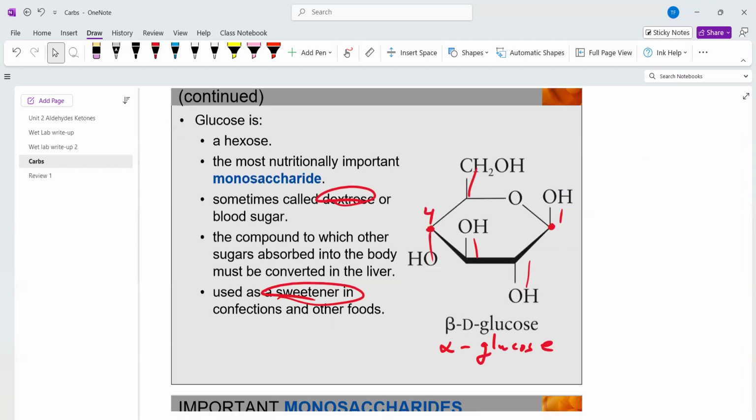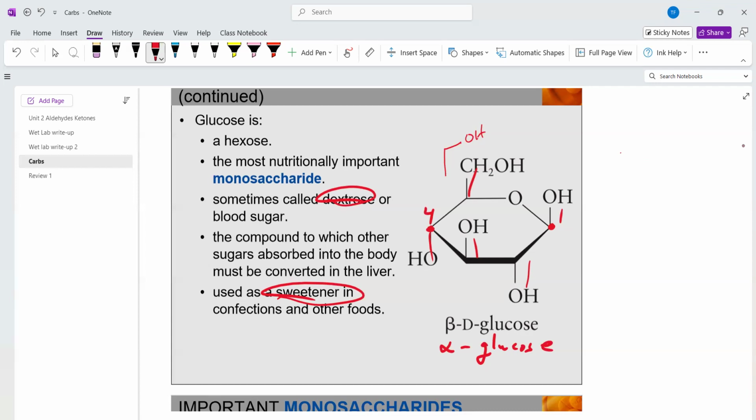Glucose, again, you're going to need to draw this. You can do it with the CH2OH, or you can just come up and go like that as well. I usually do it with the latter, with the line drawing. This is the most biochemically important monosaccharide. It's used everywhere in your body. It's used so much that if it's not glucose, it'll be turned into glucose before you can use it.